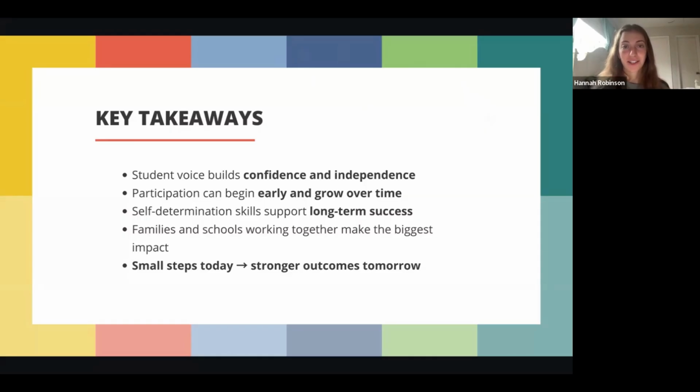Early participation may sound daunting, but it can even look as simple as just sitting in on your meeting or just sharing what you like and dislike. Self-determination skills support long-term success. When families and schools work together, this makes the biggest impact in students' educational journeys. And taking these small steps today helps build stronger outcomes in the future.